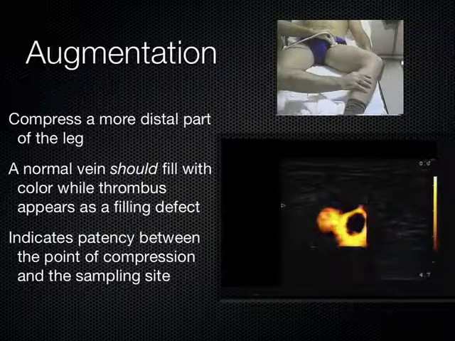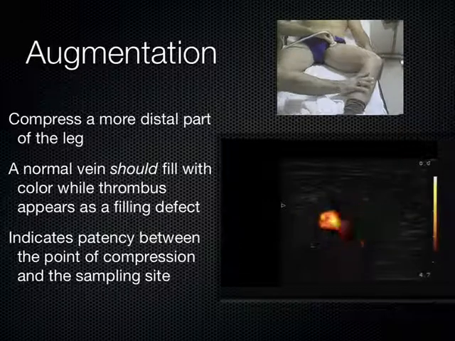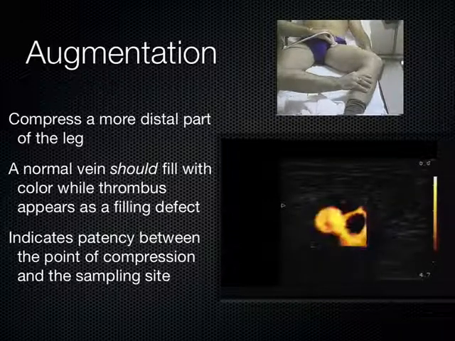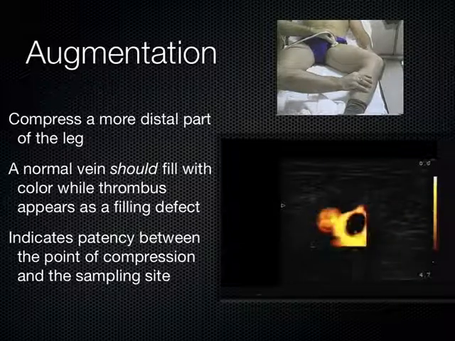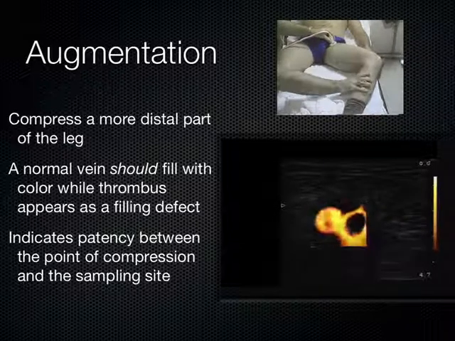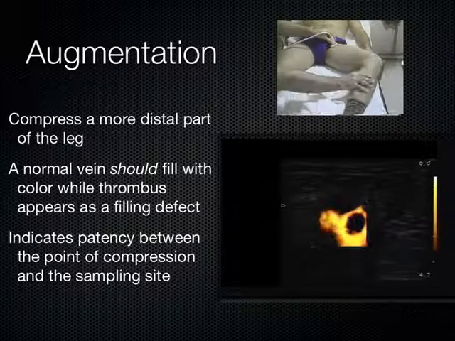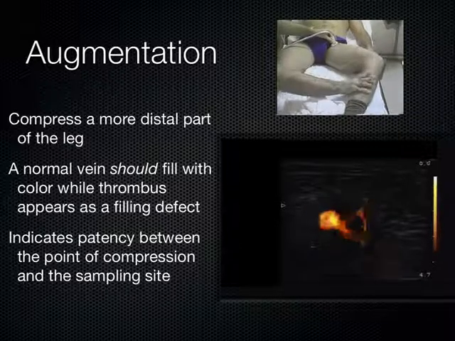One final word before I conclude is that you may not be aware that after hours and on weekends around the country, in about 85 to 90% of hospitals, it's actually not possible to get your patient a DVT study, because there's no staffing, there's no ability to do it.